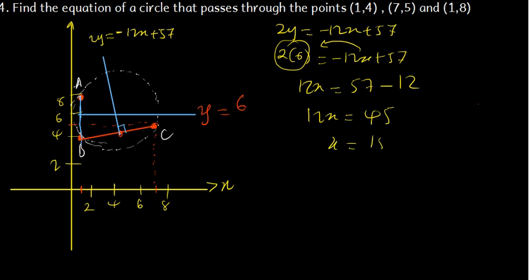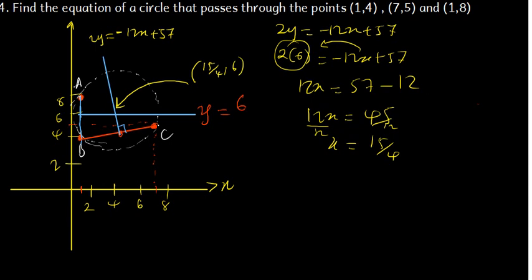So that is 15 over 4, if we divide by 12. Of course we already know the value for y, so there's no need of finding it again. So that means this point which we have here, the center, the x value is 15 over 4, the y value is 6. Now we know the center.